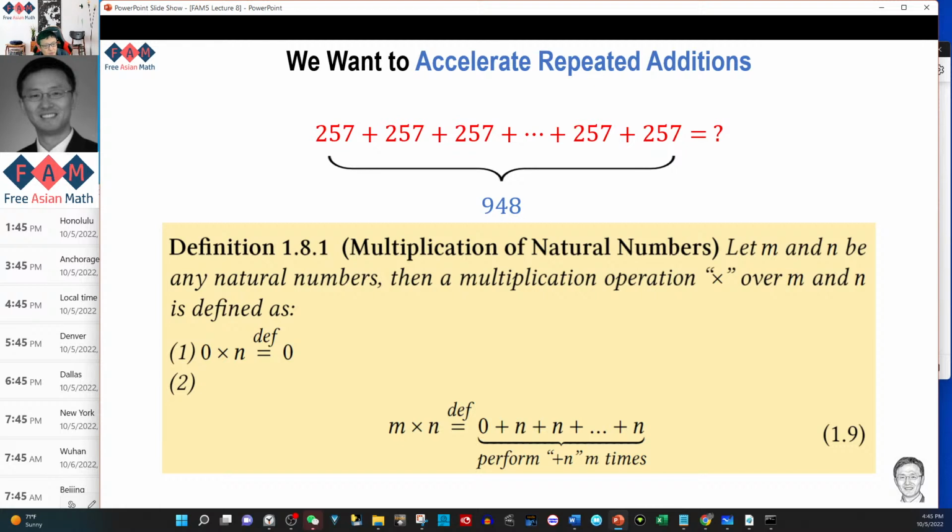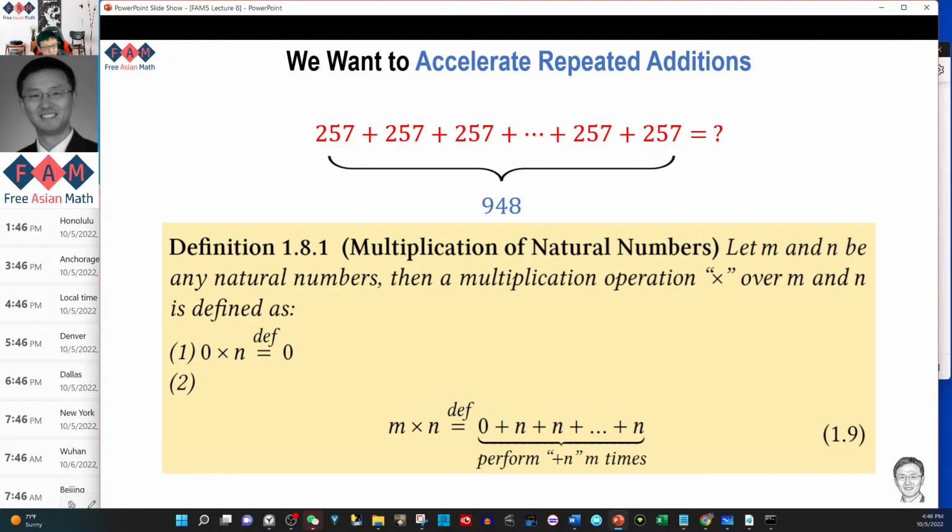We first want to define a zero case. So 0 times n, so that means that if m is 0, that's 0. So 0 times any natural number, including 0 itself, we define it to be 0.